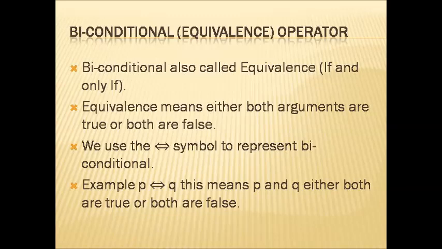So P biconditional Q, or P equivalence Q, means that P and Q either both are true or both are false. So whenever P and Q are false, it will return true, and whenever P and Q are true, then also it will return true.